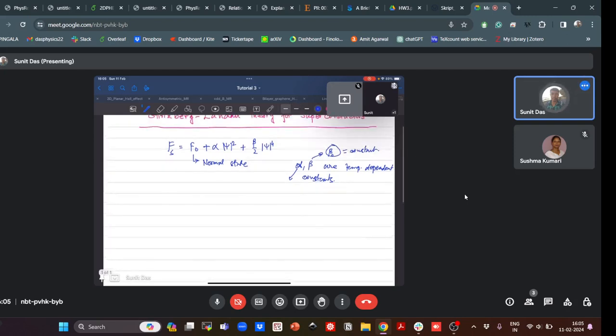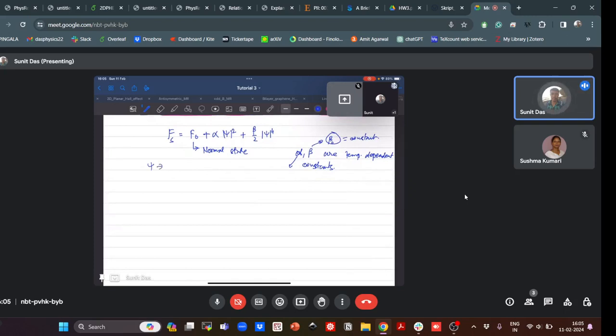And here psi is the order parameter, which is 0 if temperature is greater than the superconducting transition temperature, and non-zero if temperature is lower than the superconducting transition temperature. Basically, when we are in the superconducting region, then psi is not equal to 0.